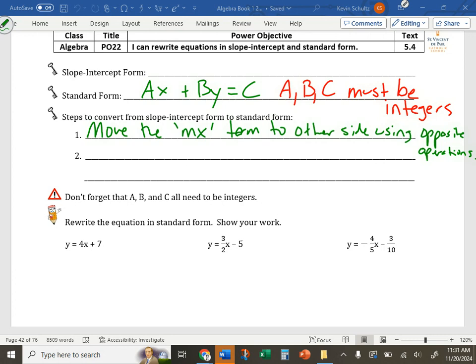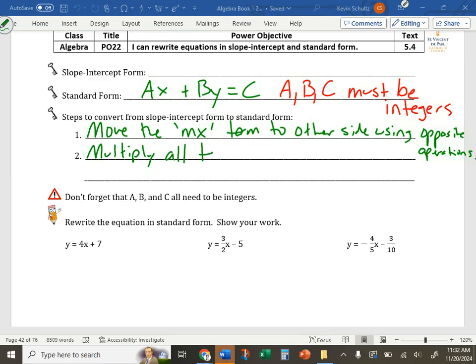Who knows how to undo a fraction? Turn it into a decimal. Multiplication. Well, integers aren't fractions or decimals, so it can't be either. In multiplication, what do you have to multiply by? Like this 3/2 here, how do we turn that into an integer, or a non-fraction?